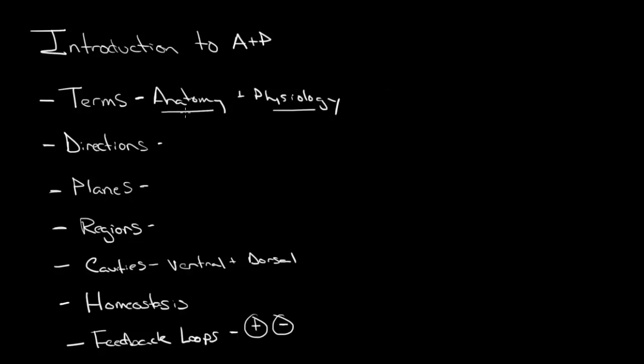So studying structure is the study of anatomy, structure of a body or an organism. When we study physiology, we are studying how that structure, or how the anatomy of an organism works. So we could call it the study of an organism's function.